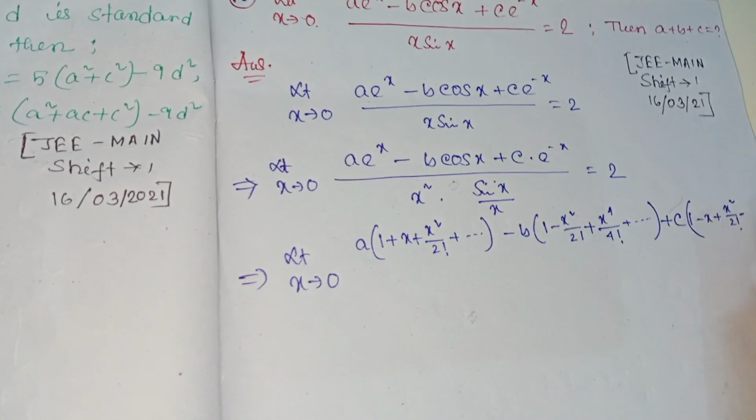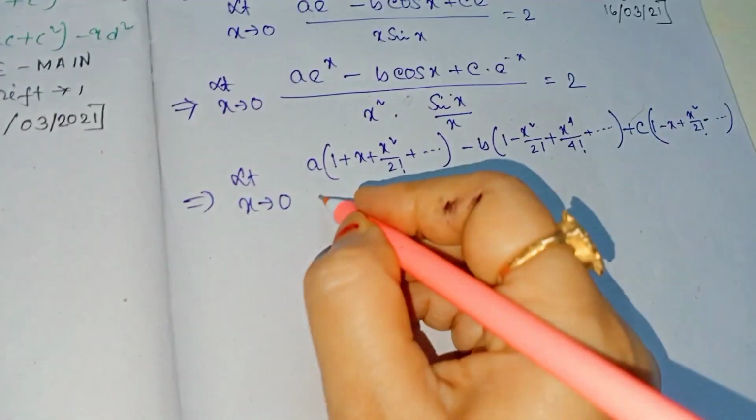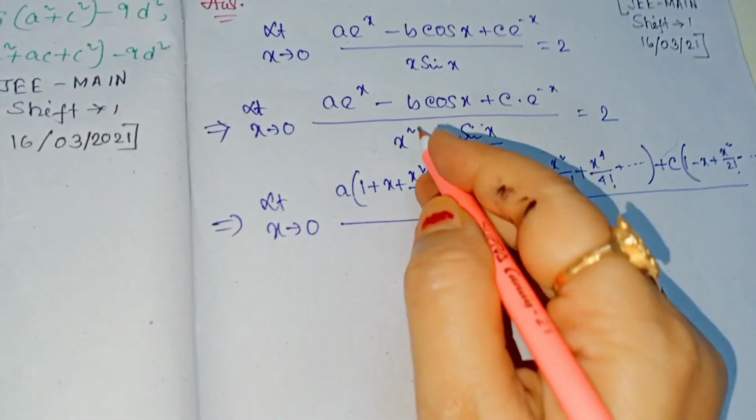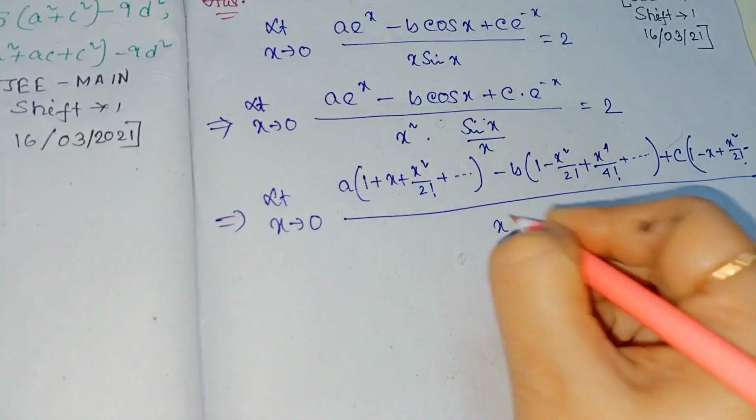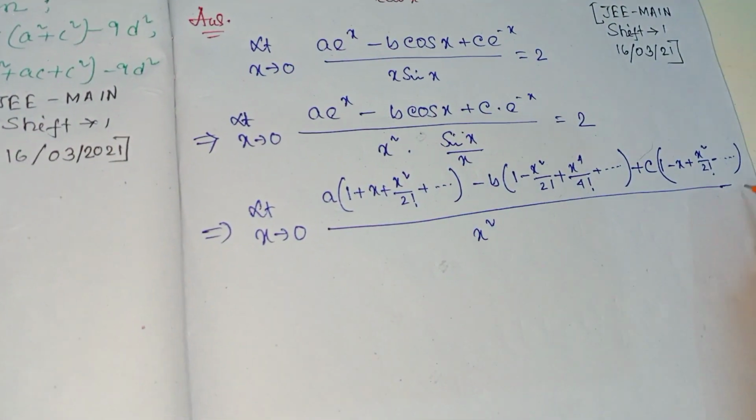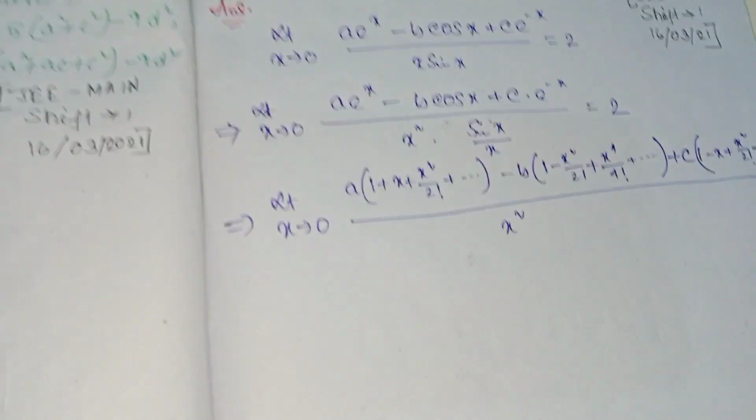So here we get minus dot dot dot, and dividing by the denominator x squared, that is equal to 1. So this is also equal to 2.